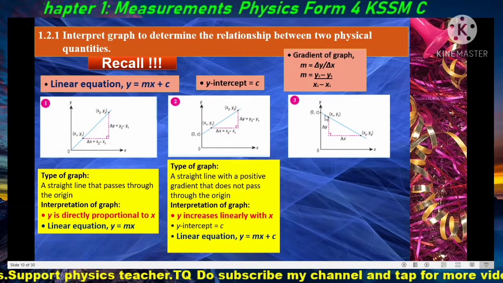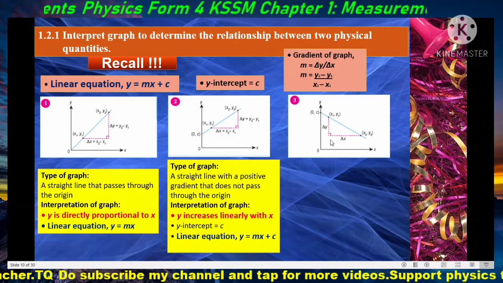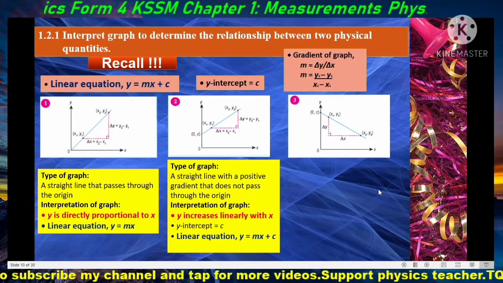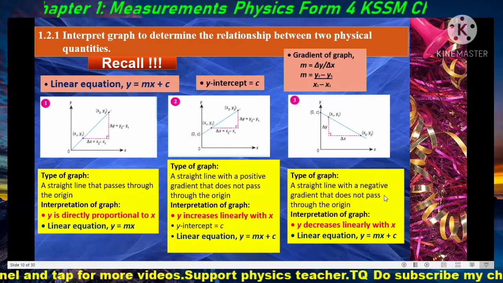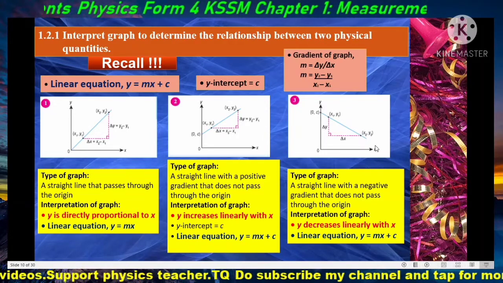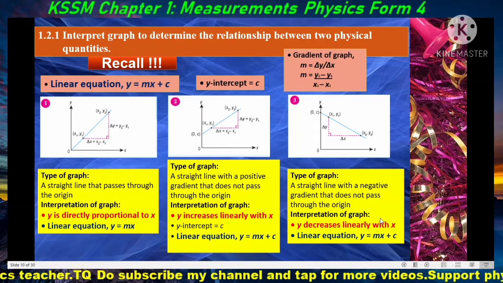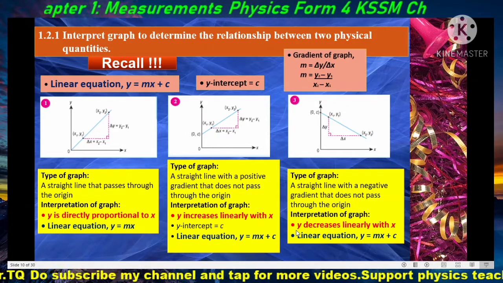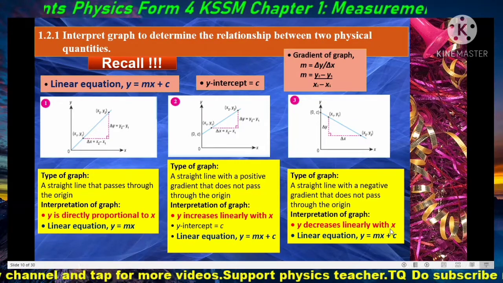The third graph here is also a straight line graph, but the gradient is negative. What can we say about this graph? A straight line with a negative gradient that does not pass through the origin. Interpretation of the graph gives the relationship as y decreases linearly with x.